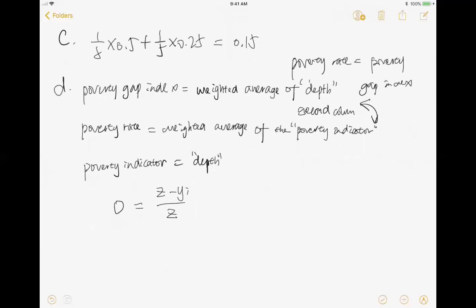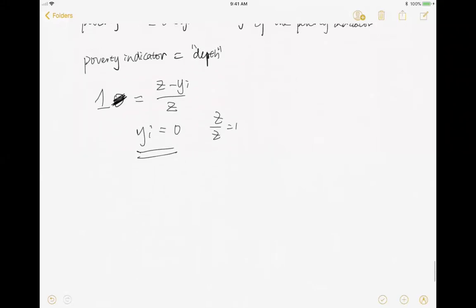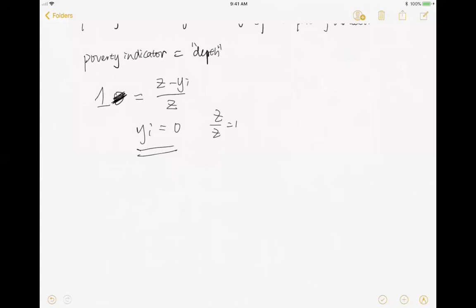Let me see. Oh, I'm sorry, I made a mistake. For the poor people, the poverty indicator is 1. The value for that variable should be 1. And if we set 1 equal to this, we find that y_i should be 0. So z over z equals 1. So if y_i is 0, it means the income for the poor should be 0. So that's our conclusion, or that's our result.